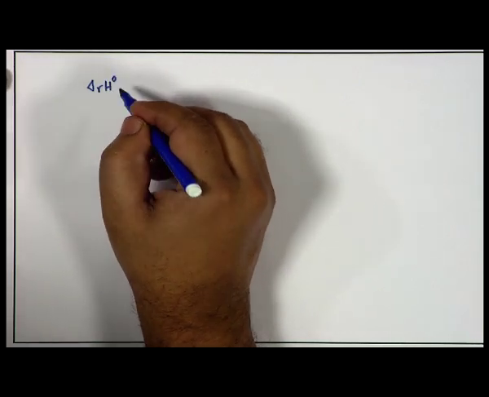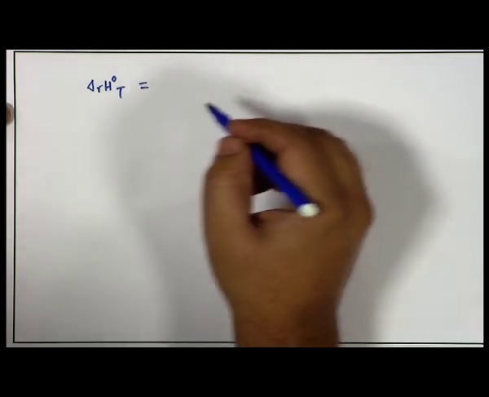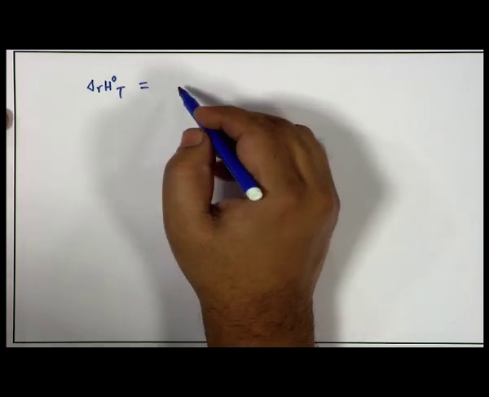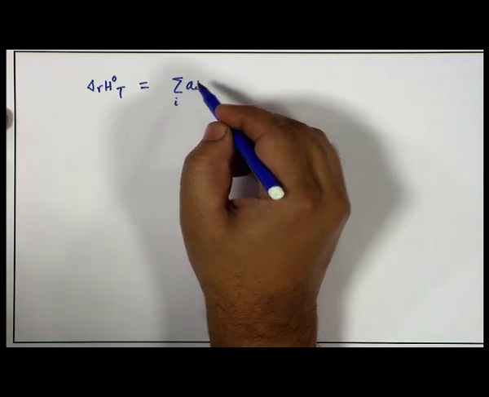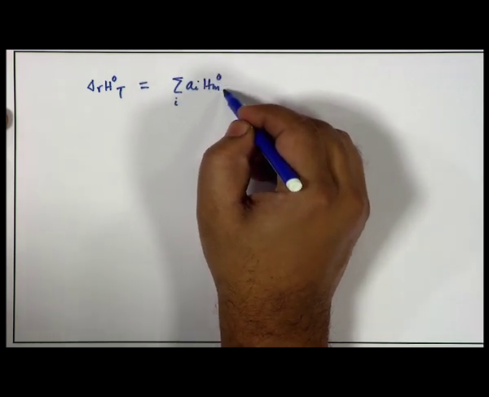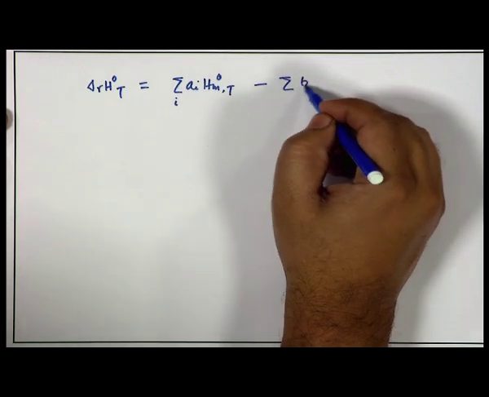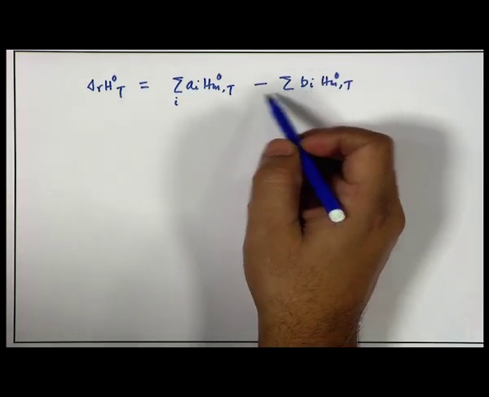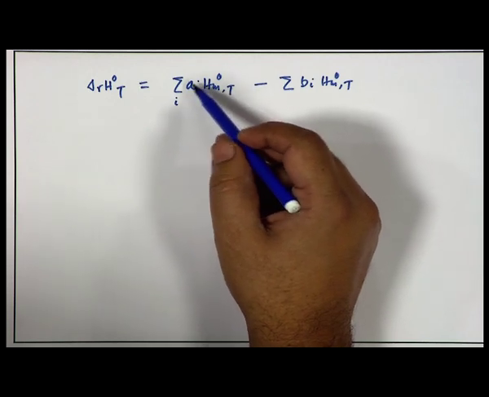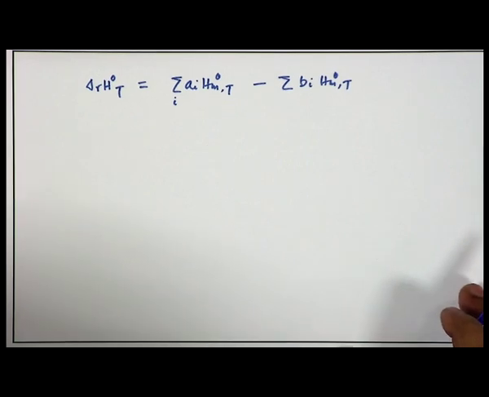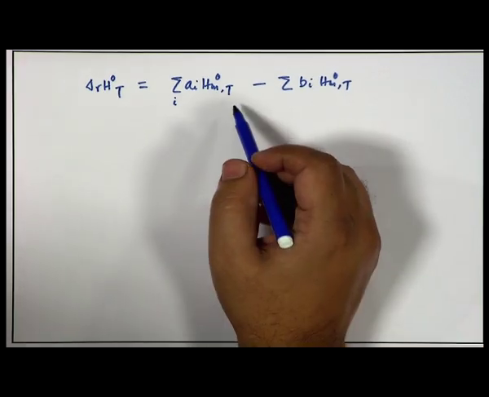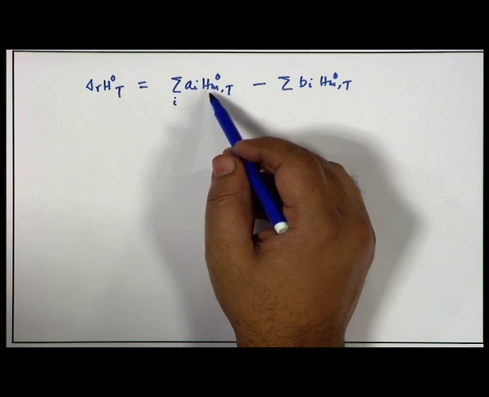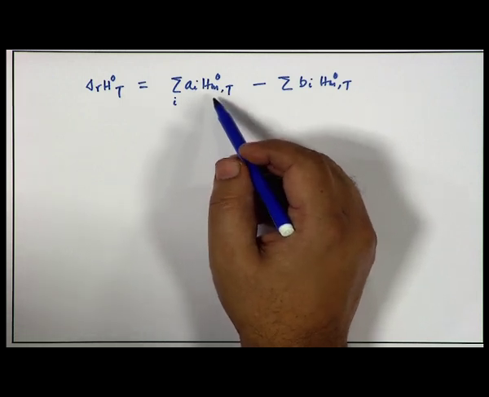Remember, we talked about the enthalpy of reaction, which is given by delta R H naught at that particular temperature T, which is given by the sum of a_i H_m naught at T minus the sum of b_i H_m naught at T. Here a_i and b_i are the stoichiometric coefficients for products and reactants in the balanced chemical equation, and H_m naughts are the standard molar enthalpies for each substance.